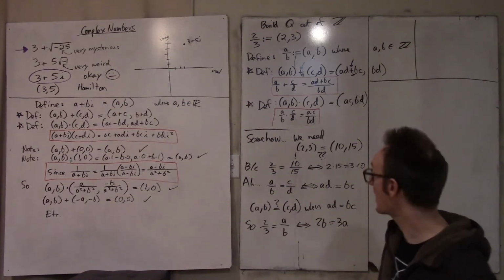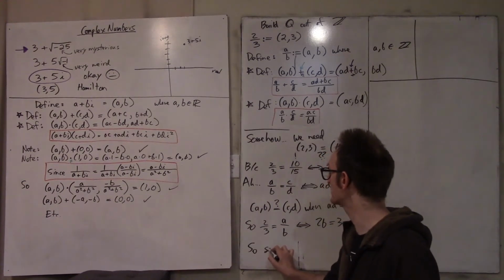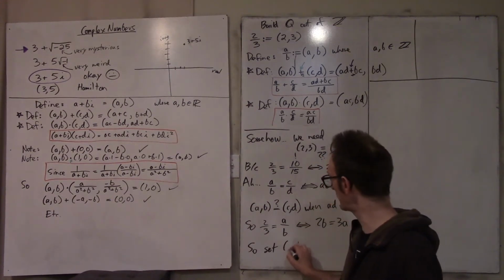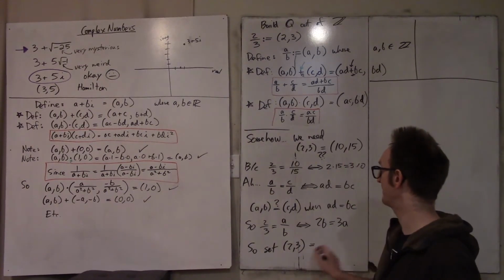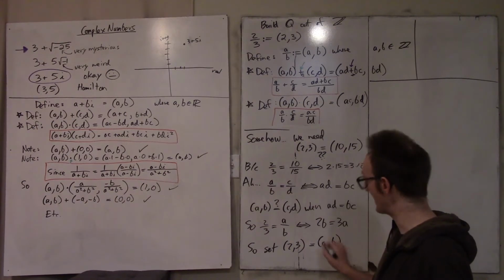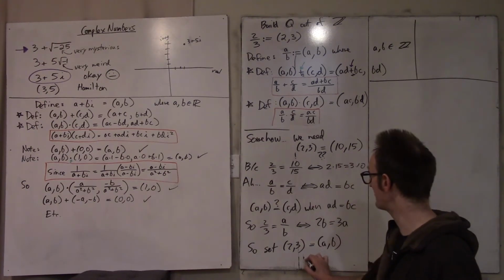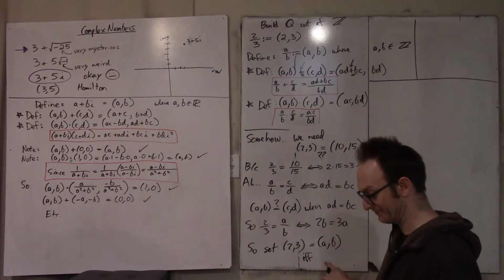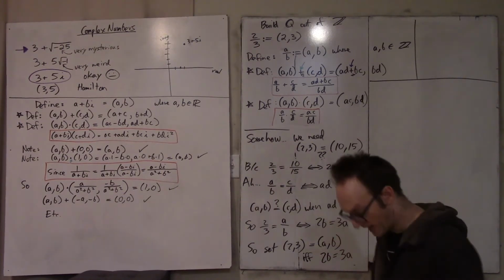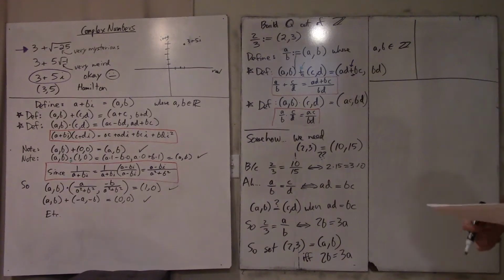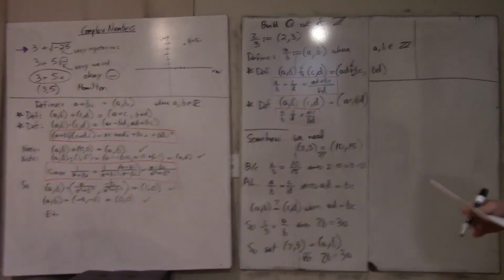So I need to somehow set 2/3 to be equal to any ordered pair if and only if 2B equals 3A. And the way you do this is you establish some kind of relationship.